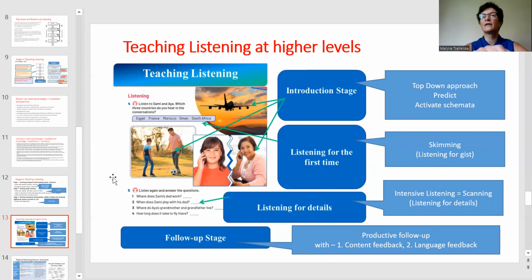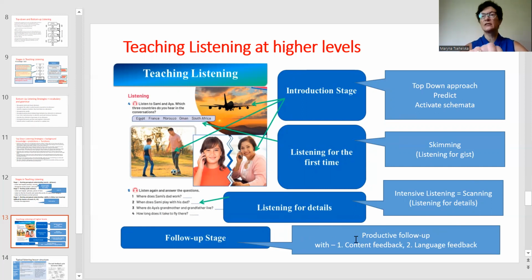Then they answer the questions, and as listening is a receptive skill, and we form skills that have to be productive as well, it is recommended to follow the listening stage and the stage of checking understanding with a productive follow-up.